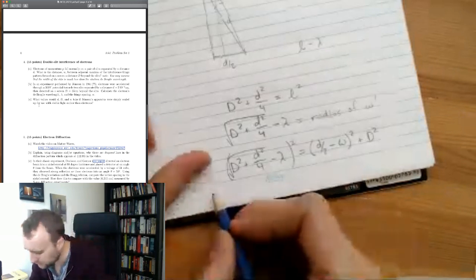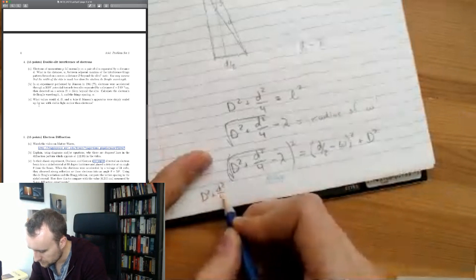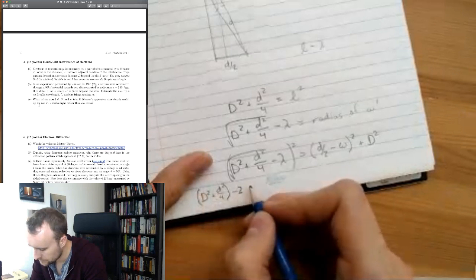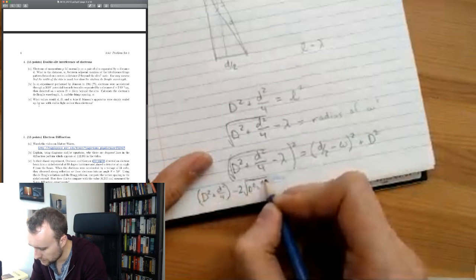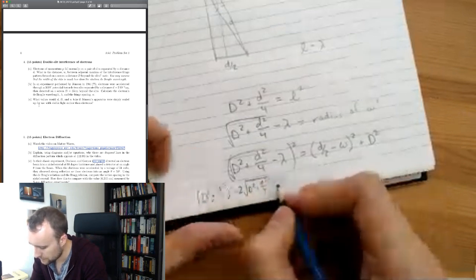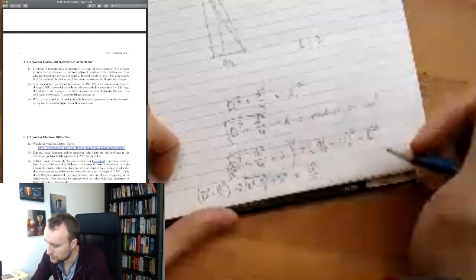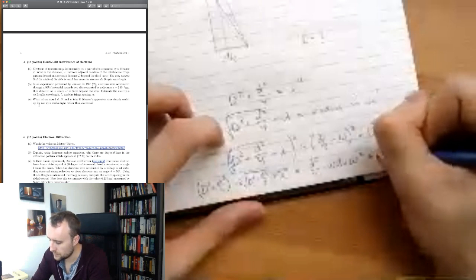Let's just expand this out, I guess. So we've got minus 2 root d squared plus d squared over 4, plus lambda squared, is equal to d squared over 4 minus 2, which is going to be minus lambda squared.